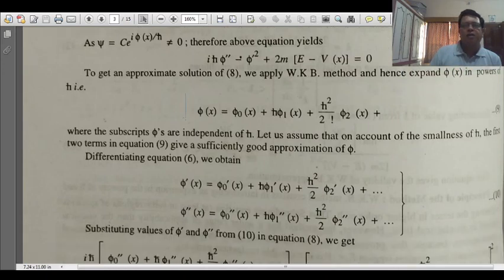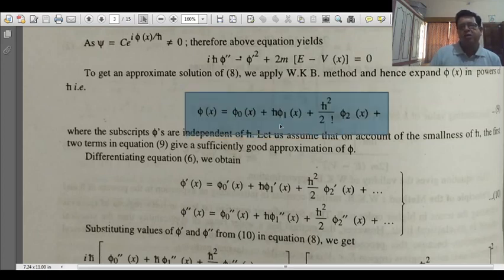This expansion is given by phi(x) equal to phi 0(x) plus h cut phi 1(x) plus h cut squared upon factorial 2 phi 2(x) plus h cut cubed upon factorial 3 phi 3(x), and so on. I am repeating because this is the most important turning point, the key point to be noted.